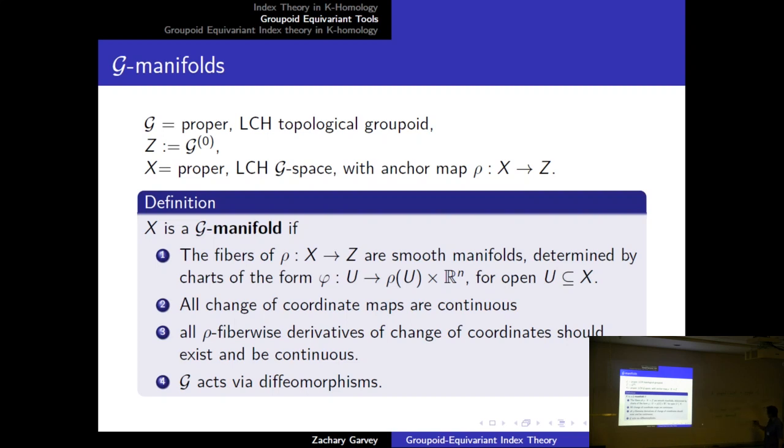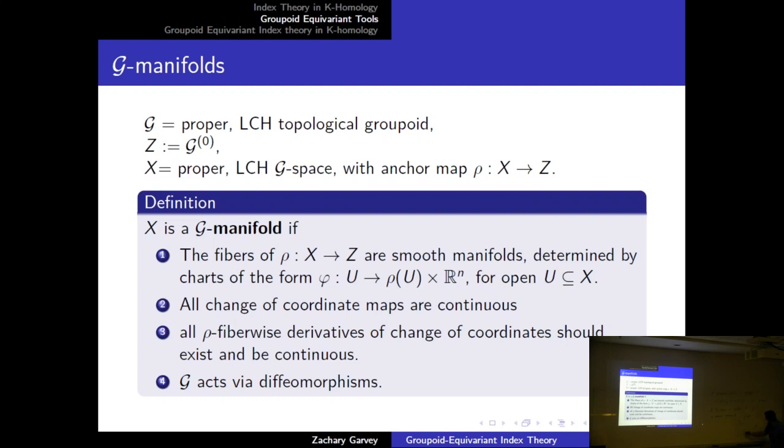So these charts kind of look like this: we've got our manifold up here. It maps down to the object space Z. And we're taking charts of the form U, and then we're mapping them down to Z cross R^n.